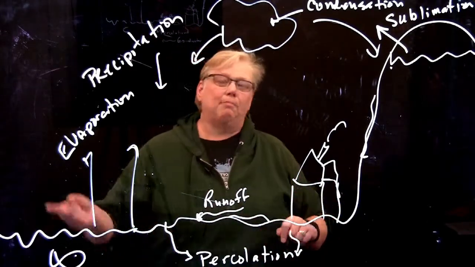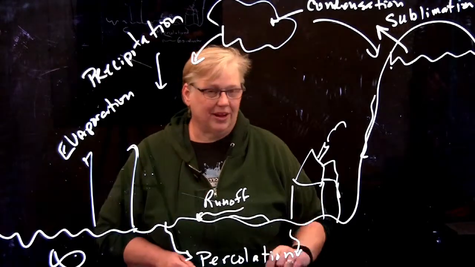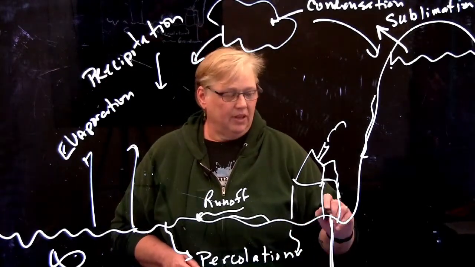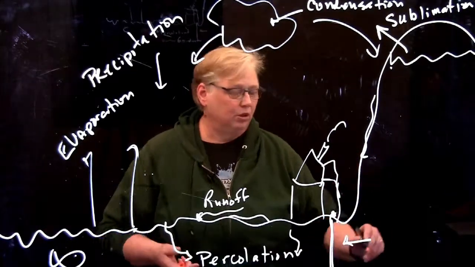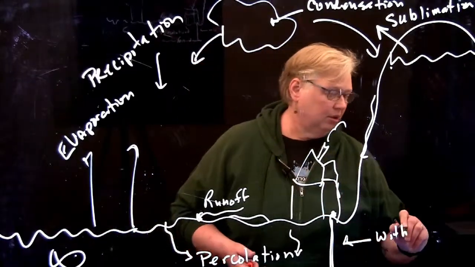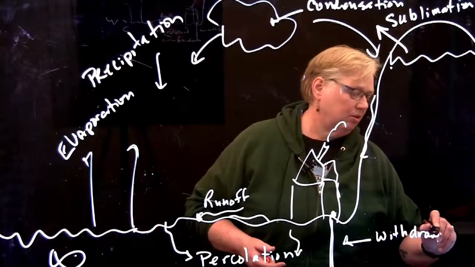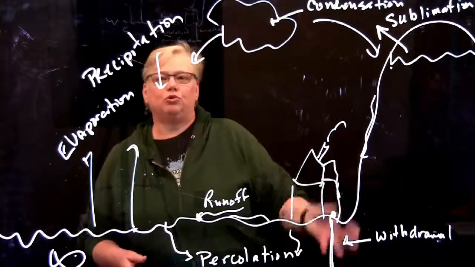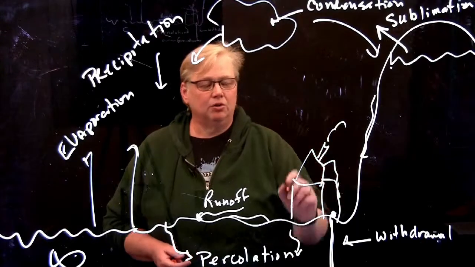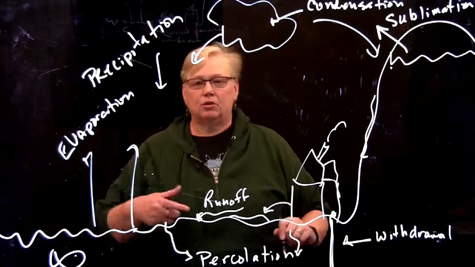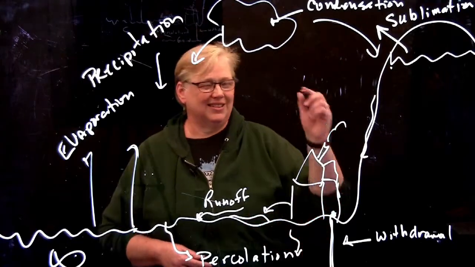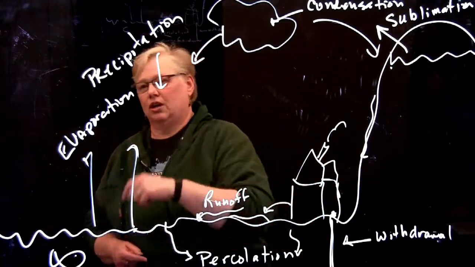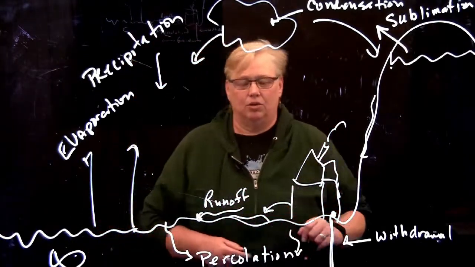Another way that water can get back into the hydrologic cycle once it's gotten into the groundwater is us. We have wells. We drill our wells. And what we do is called withdrawal. We withdraw water. We use it, and when we're done using it, it goes back and turns into surface water, and it ends up running back to the oceans. It gets into our lakes, rivers, and streams, and goes back to the ocean.